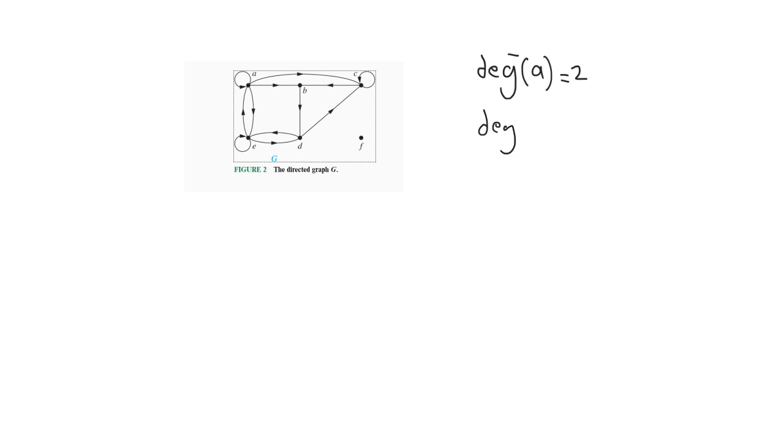And degree plus of A is things that go out.